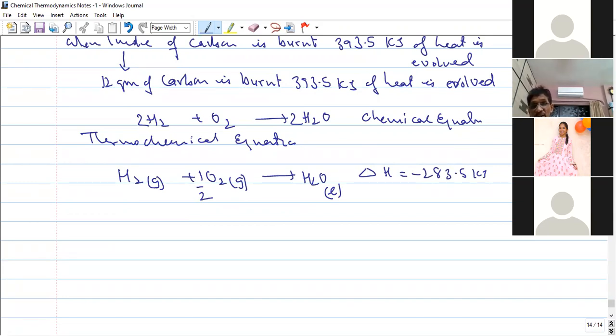So this is the thermochemical equation. Next time we'll see different types of thermochemical equations. That we'll see next time.